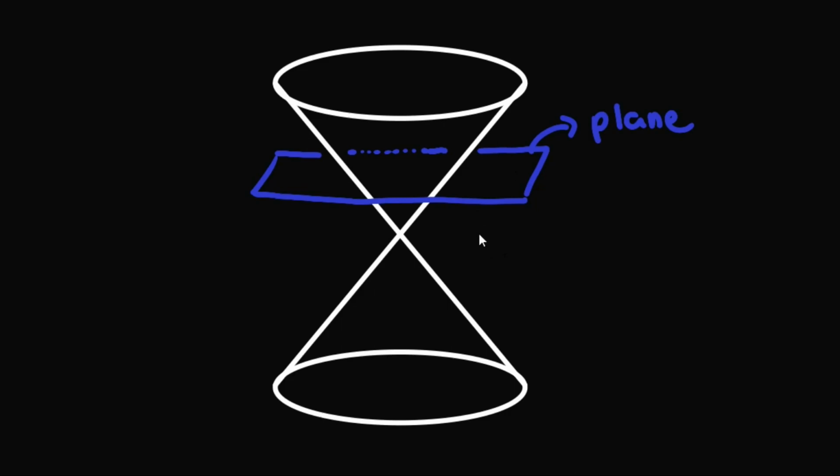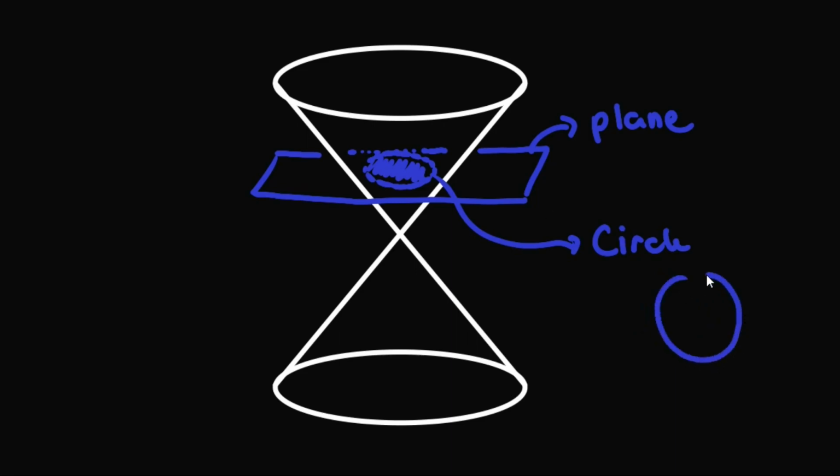When we cut this parallel to the base, we'll obtain something like this. This is actually a circle. We all know what a circle is, but in the next videos, we'll discuss more what it is and the mathematical aspects related to it.